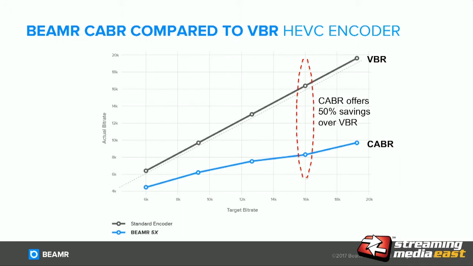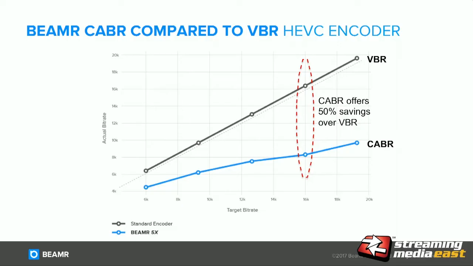So, okay. What you're looking at here is a very interesting graph. This is VBR. This is our HEVC encoder. This is a very well-established encoder, been shipping 3 years in the market, used by the largest HEVC distributors in the world. What this is showing on the VBR graph is basically the actual bit rate versus the target bit rate, and it's completely linear, as you would expect it to be.